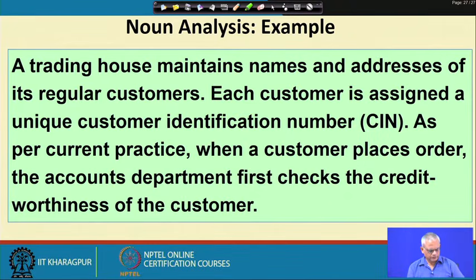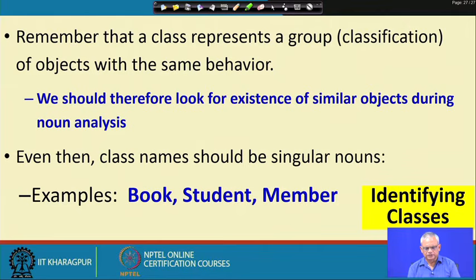But even though we know that a class corresponds to many objects, we normally name a class as a singular. For example, even though it represents hundreds or thousands of objects, we name the class as book.